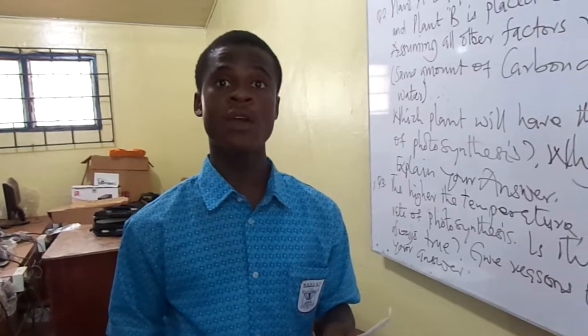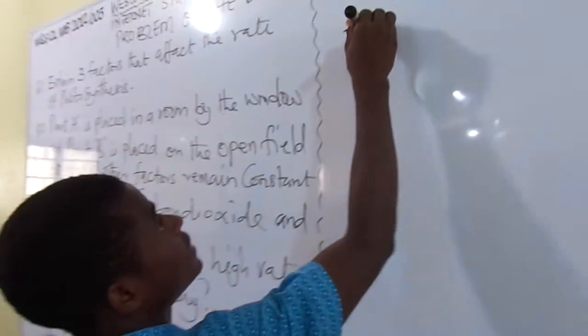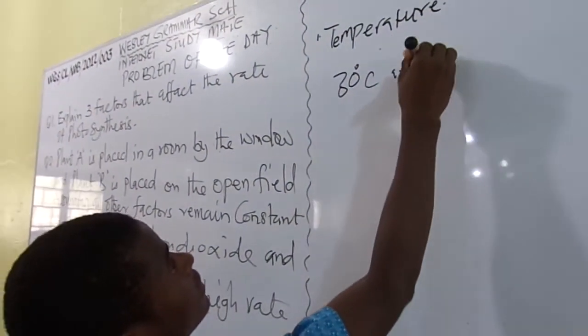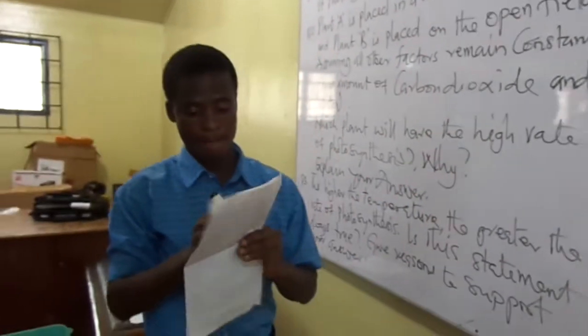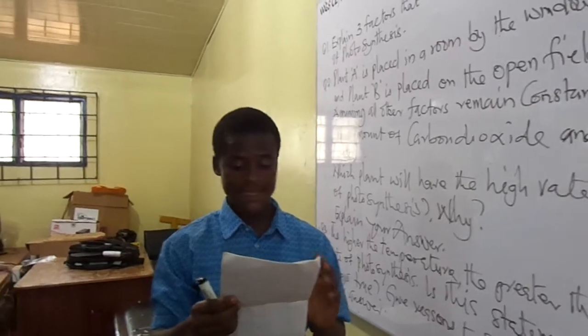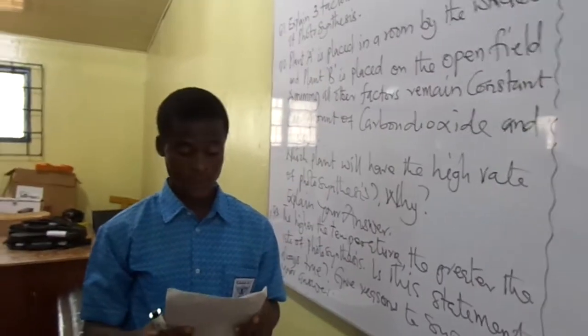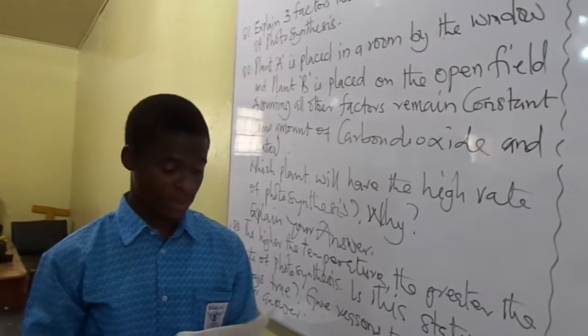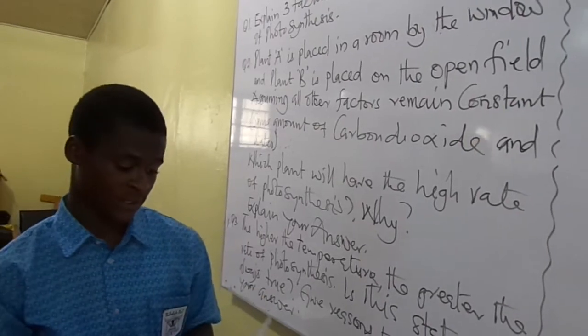This may be at about 30 degrees and above, but at an extreme temperature of about 40 degrees, photosynthesis will fall because the temperature will destroy the enzymes, and this will slow down the rate of photosynthesis.